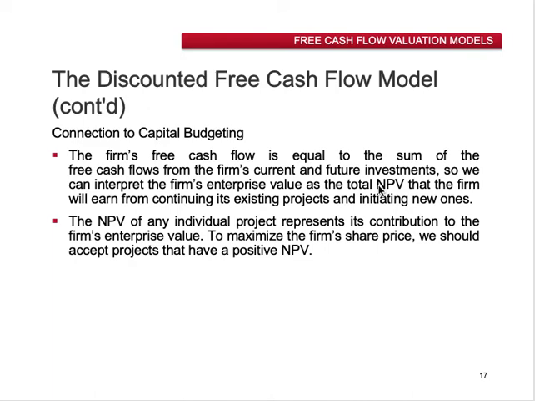In sum, if you would add up all NPVs of every individual project in your organization, you would end up with your enterprise value. That also means that if you would like to maximize the firm's share price, you should accept projects that have a positive NPV, because projects with a positive NPV add financial value to the firm.